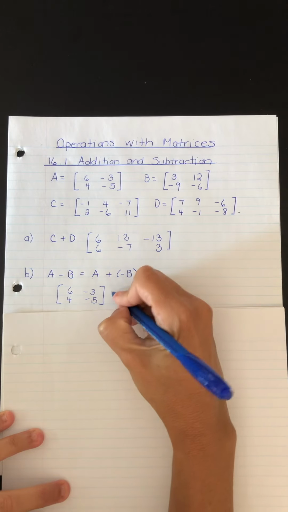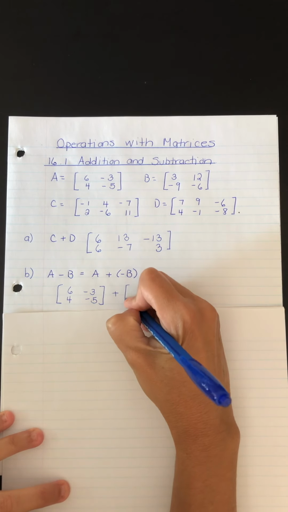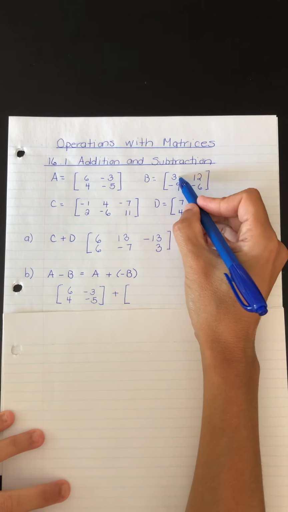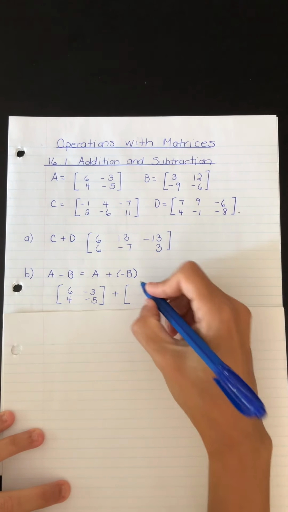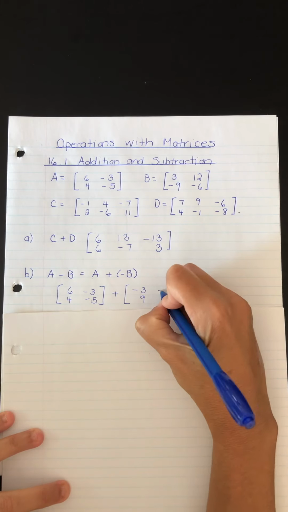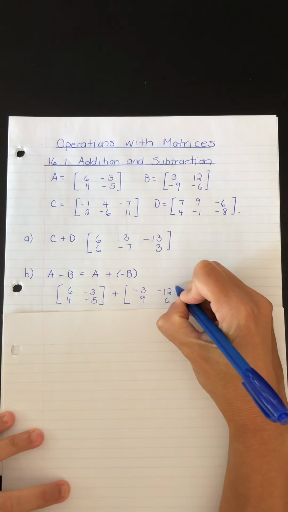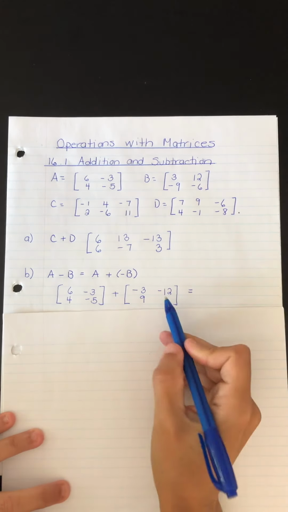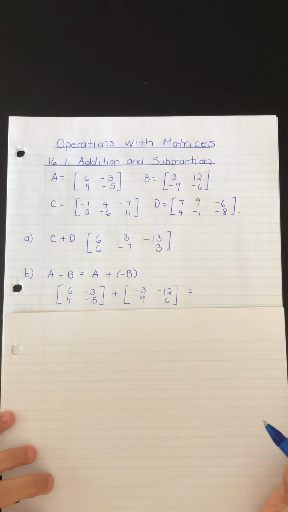The operation is now addition, but we're not adding B, we're adding its negative. So we have to form its negative first by changing the sign on all of its elements, like this.